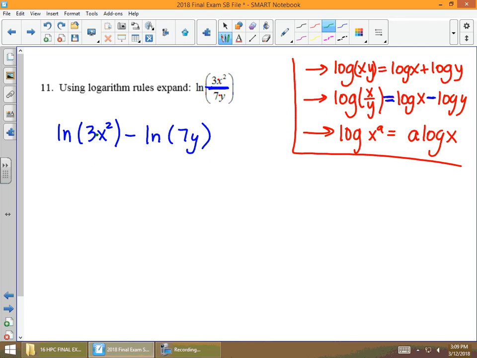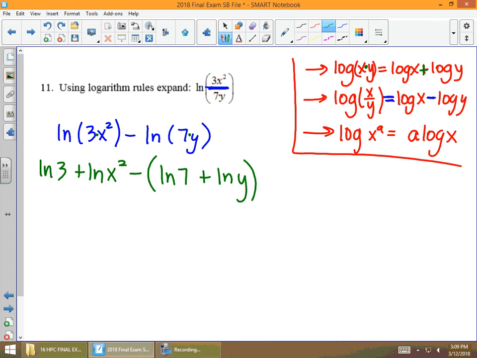So I have a product here with 3x squared and a product here with 7y. And if you're expanding, multiplication becomes addition when you're going to write your logarithms twice. So ln of 3 plus ln of x squared minus ln of 7 plus ln of y.